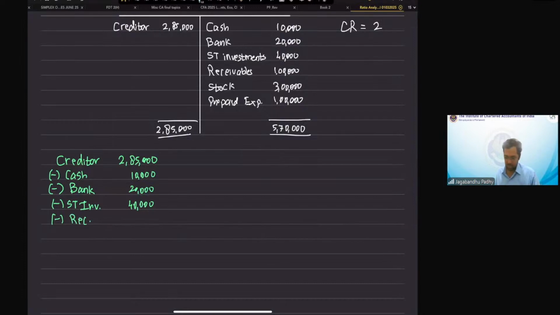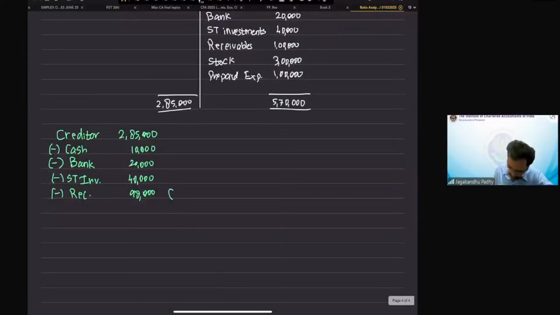Let's say 1 lakh is the receivables amount, and out of that we are going to deduct some percentage towards bank charges, and maybe out of 1 lakh we are able to realize 98,000, which is obtained by way of bill receivable discounted.